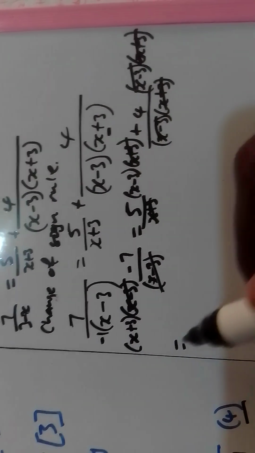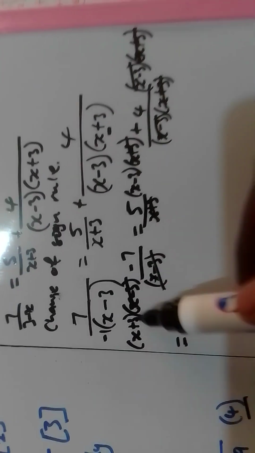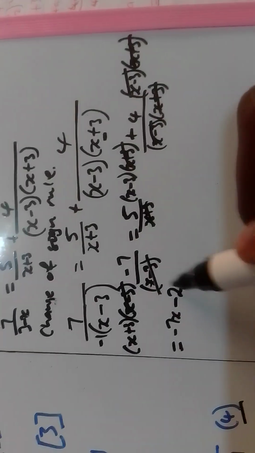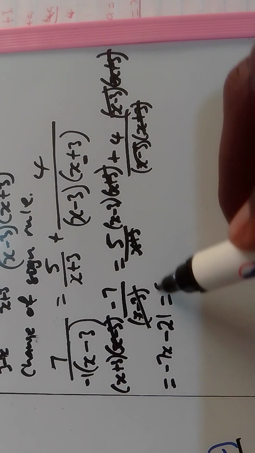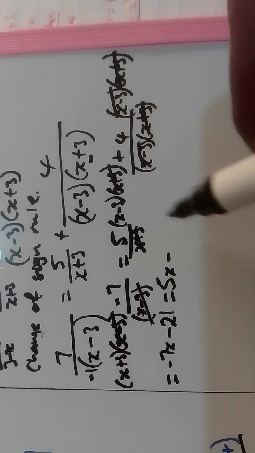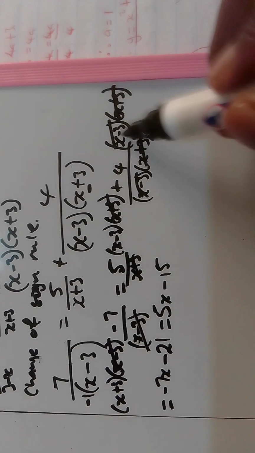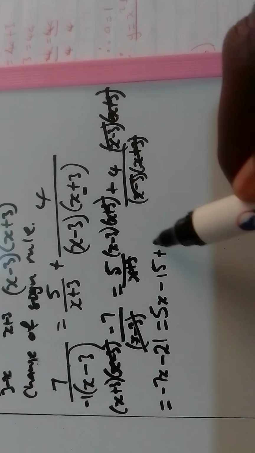So I say is equal to, here, now I've got a negative 7x. Positive times negative, it's a negative 7 times 3, that's 21, is equal to 5 multiplied by x, that's 5x. Positive times negative, it's a negative 5 by 3, which is 15. Then here now we have got nothing because everything was cancelled out, so we're left with 4, a positive 4.